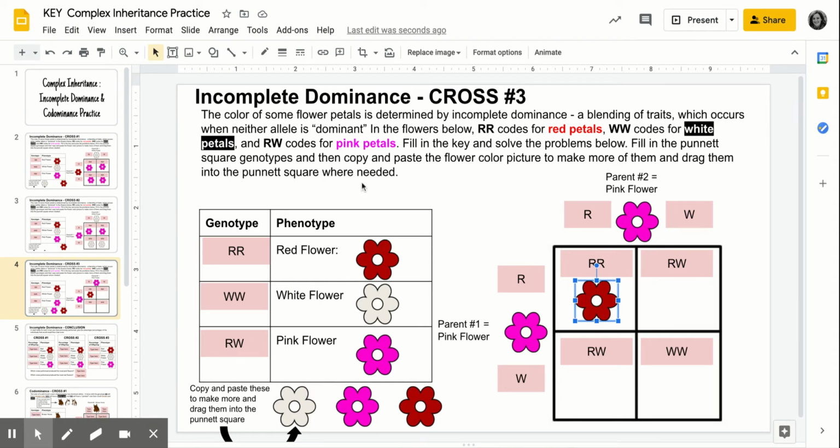If on a quiz or a test you aren't given this chart, I would highly recommend going ahead and writing down what are my genotypes for the phenotypes. Because sometimes when we look up here, it's just really dense. So making that chart on your own is really, really helpful. So big R, big W is pink for the phenotype.